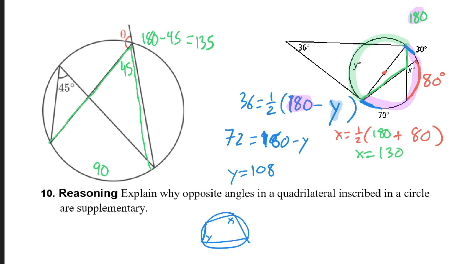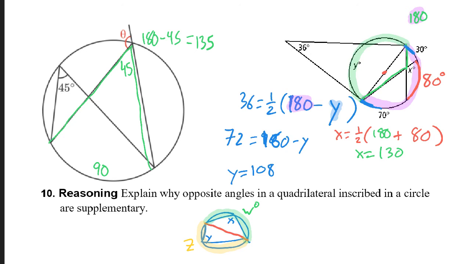Oh, because you could cut this in half, and actually it doesn't matter if it goes through the center, because now I'd say y is half of this arc. Let's call that w. That's the arc. And x is half of this, which we can call, I guess, z.